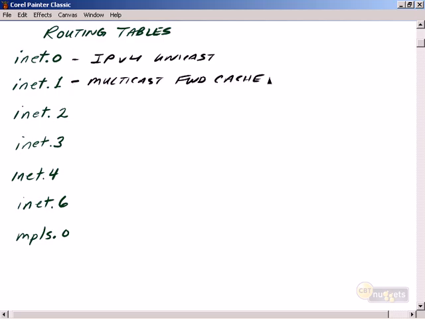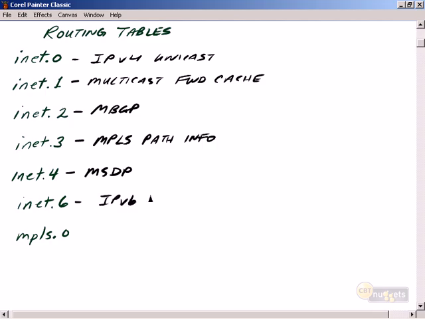We'll learn more about that one when we get deeper into Juniper. inet.2 is used for MBGP, which is the multicast border gateway protocol. inet.3 is multi-protocol label switching, or MPLS, path information. inet.4 is used for MSDP, the multicast source discovery protocol, route entries. inet6.0 is IPv6 unicast routes, and mpls.0 is used for our MPLS next hops.